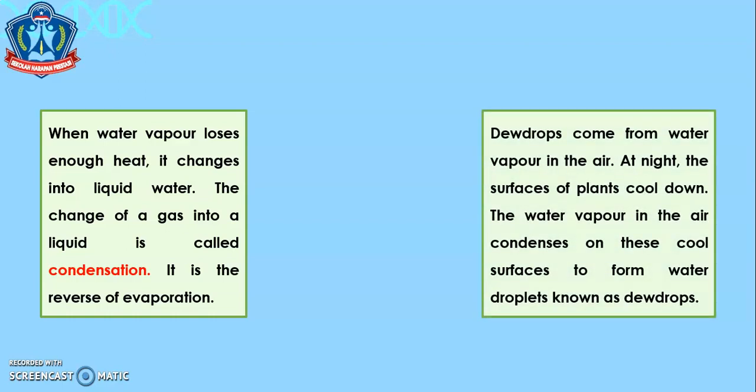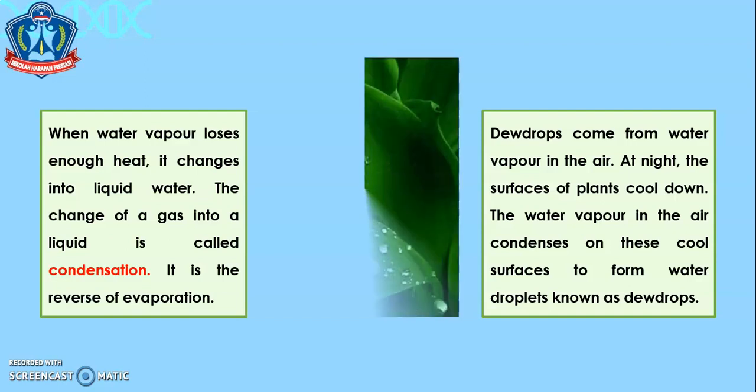Now, do you still remember the dewdrops? In page 2 of your pupil's book, dewdrops come from water vapor in the air. At night, the surfaces of plants cool down. The water vapor in the air condenses on these cool surfaces to form water droplets known as dewdrops. Look at the picture here.